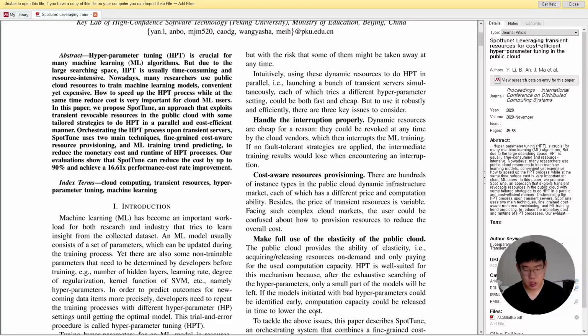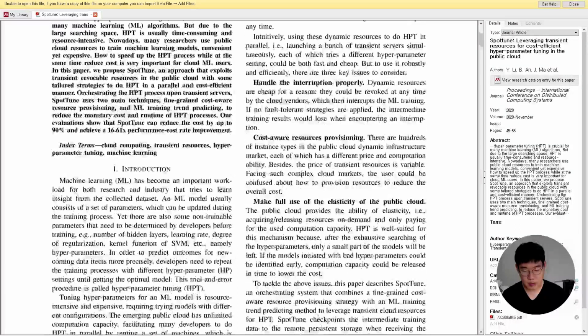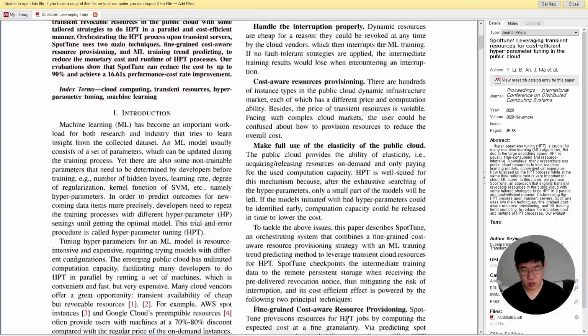To tackle the above issues, this paper describes SpotTune, an orchestrating system that combines a fine-grained, cost-aware resource provisioning strategy with a machine learning training trend predicting method to leverage transient cloud resources for HPT. SpotTune checkpoints the intermediate training data to remote persistent storage when receiving a revocation, and has two principal techniques: fine-grained cost-aware resource provisioning.